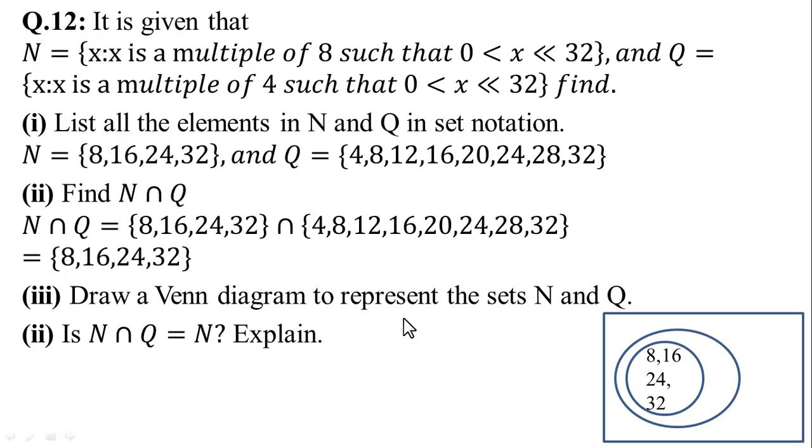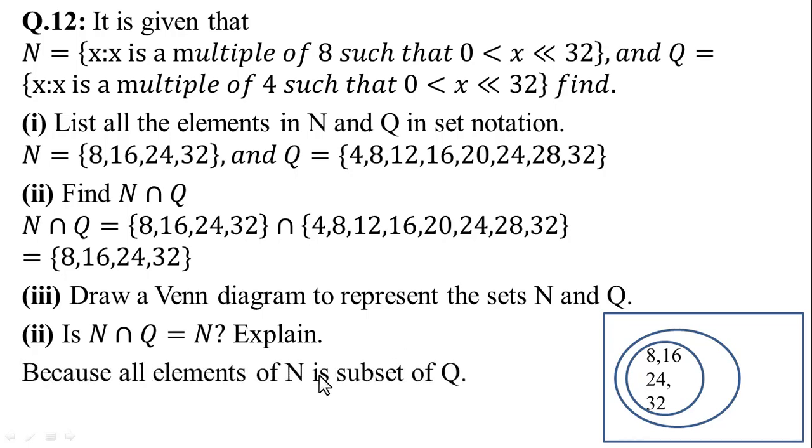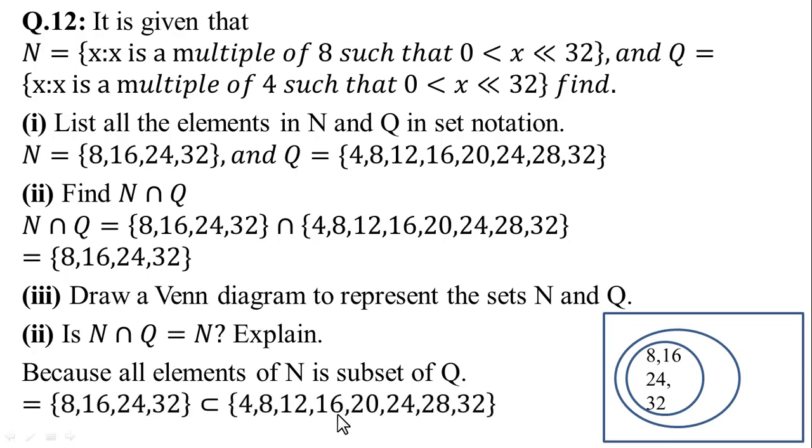All elements of N belong to Q, or in simple wording, N is a subset of Q. We note that N is a subset of Q because all the elements of N are in set Q.